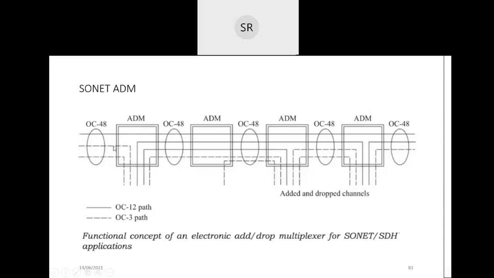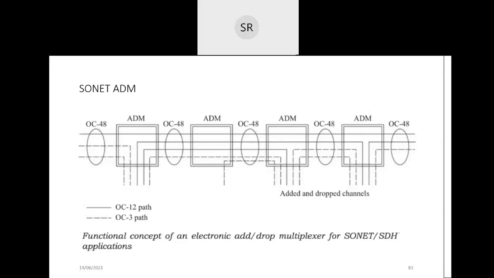This one is dropping and this one is adding here. So that is about the add-drop multiplexer. Combined, we say that is the OC-48. Now here it is adding an OC-3 path, likewise. So it is dropping; these are the added and dropped channels there. So that is called an add-drop multiplexer here.